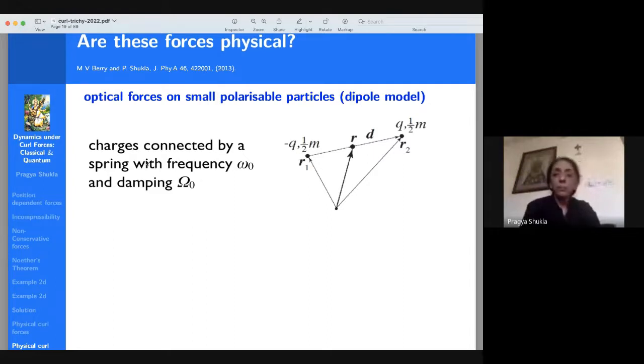Now, you can assume these charges are connected by a spring, and this spring is oscillating. So I am using the simple harmonic motion of the dipole with frequency omega 0, which is a static frequency.